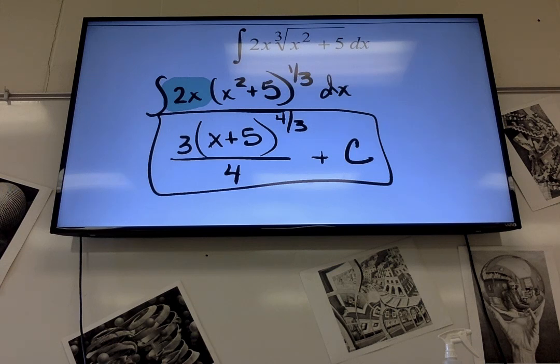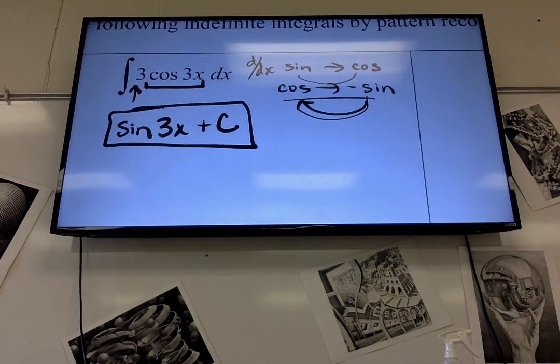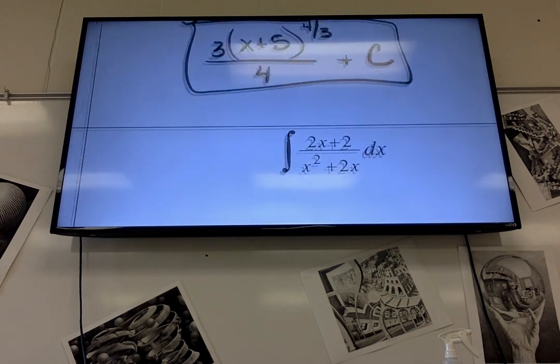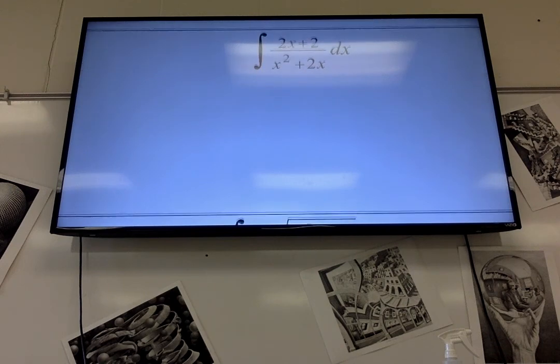Would it be 2x plus 5? Or, no, it'd be... No, the 2x was here. We got rid of it because it's a derivative. Antiderivative. But yeah, just like here with this 3x, we got rid of that 3. Think of that as a license to differentiate. Wait, can you go back up?